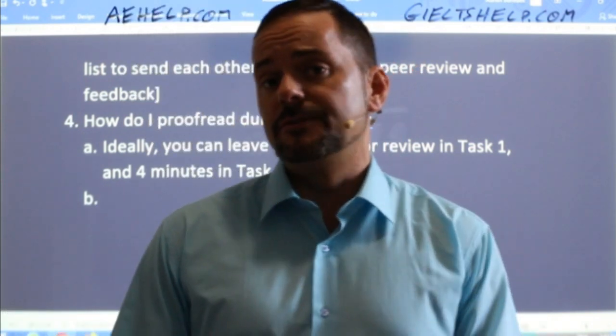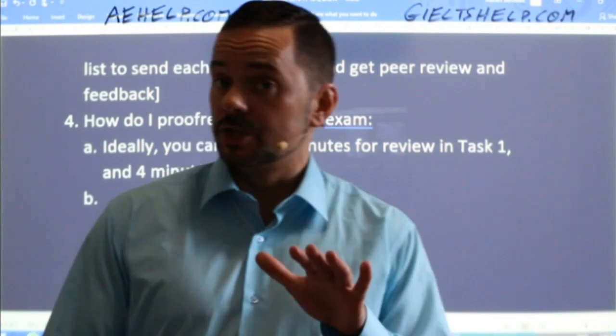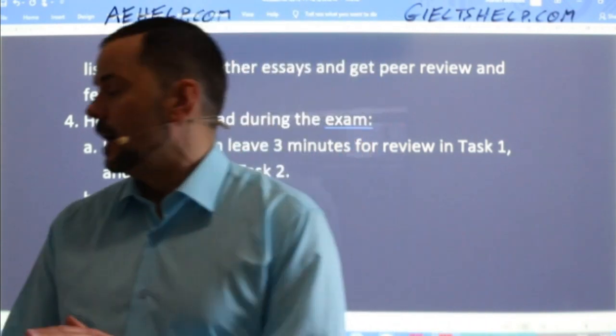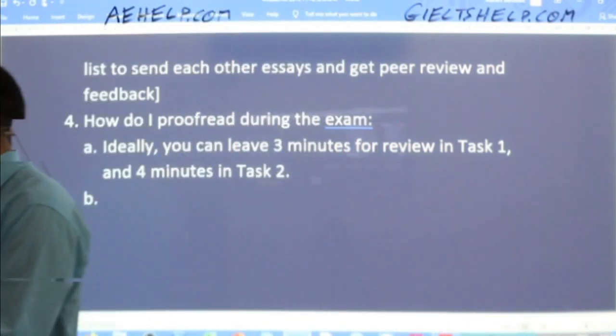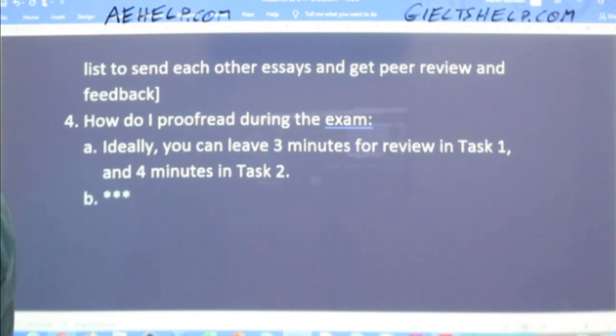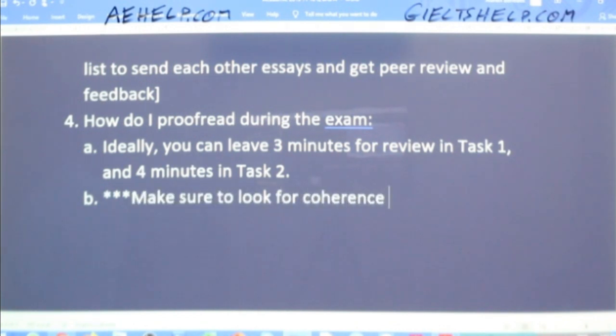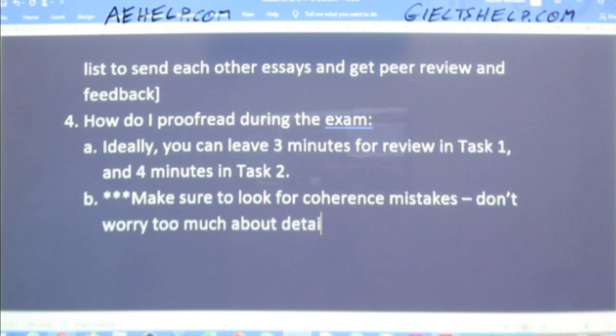So when you practice this, if you're like, okay, I'm confident I can write 270, 80 words and still have a few minutes for proofreading, which is very good to do, then the first kind of mistake that you want to look for is coherence mistakes. This means don't worry too much about details. Instead, review your thesis statement.